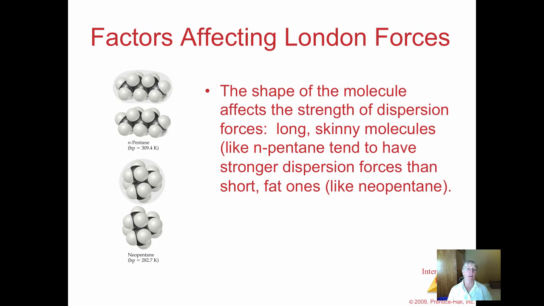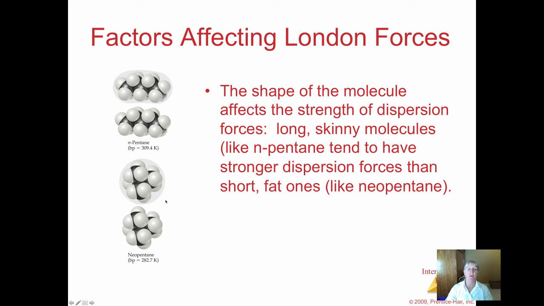Now, the factors that affect London forces are two things: the shape and the molar mass. If you look at these two guys right here, these are what we learned last semester, isomers. This is n-pentane, 5 carbons with a bunch of hydrogens attached. This is neopentane, not in a chain anymore. These are kind of sausagey, these are spherical.